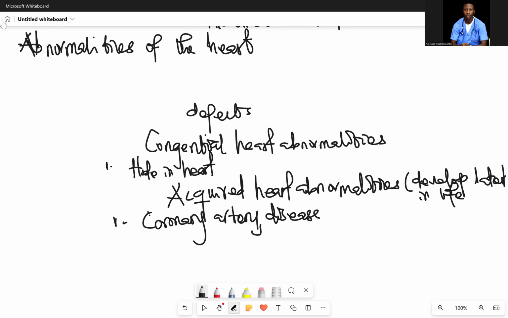When it's blocked or narrowed, meaning there is little or no supply of oxygenated blood to the heart. This can cause a heart attack or chest pain. So this happens when the coronary artery is blocked or narrowed, right?